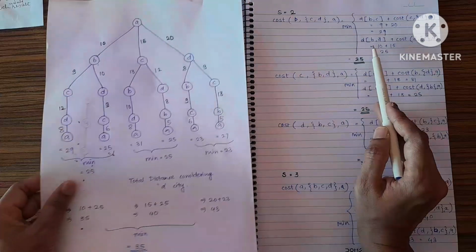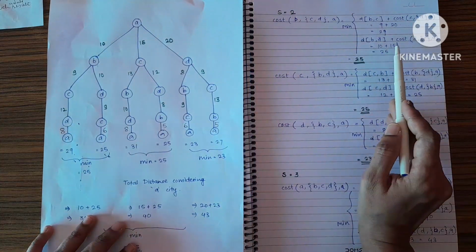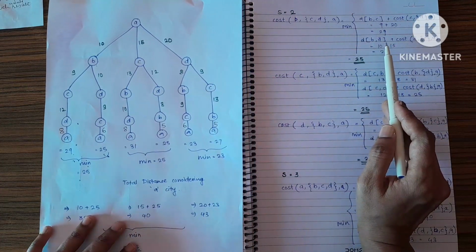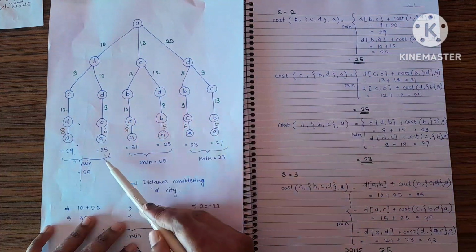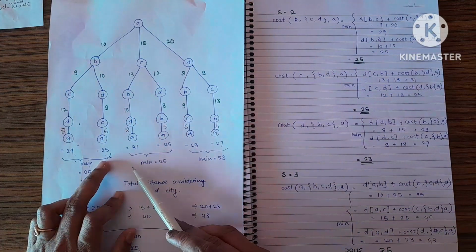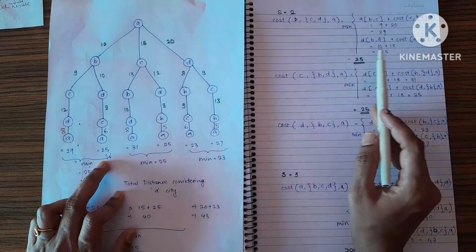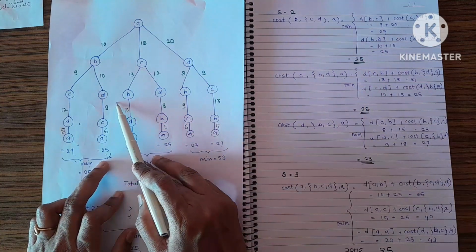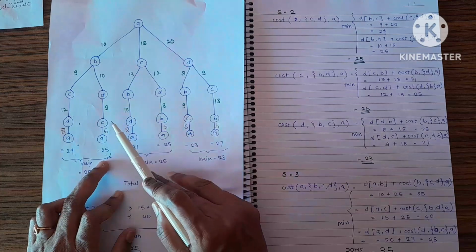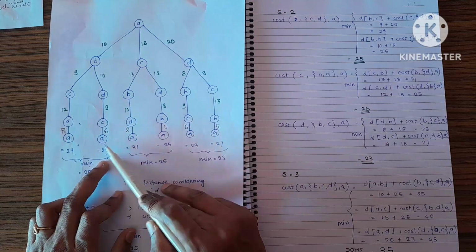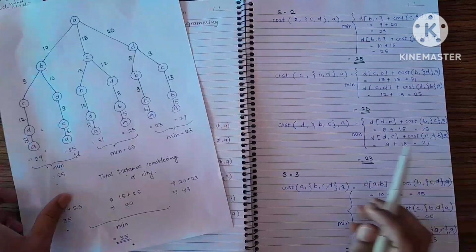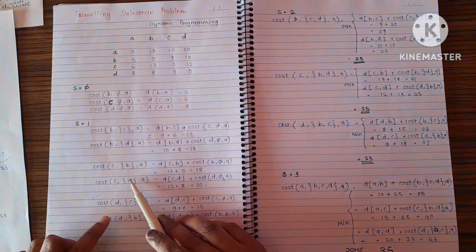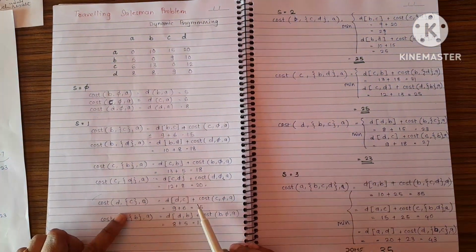By considering this alternate path where this order of visiting C and D is swapped, this order results into the 25. How to calculate it? The formula is given here. Distance between B and D, then visiting C city and returning to A. So that distance, cost of DCA is already calculated, which is 15.